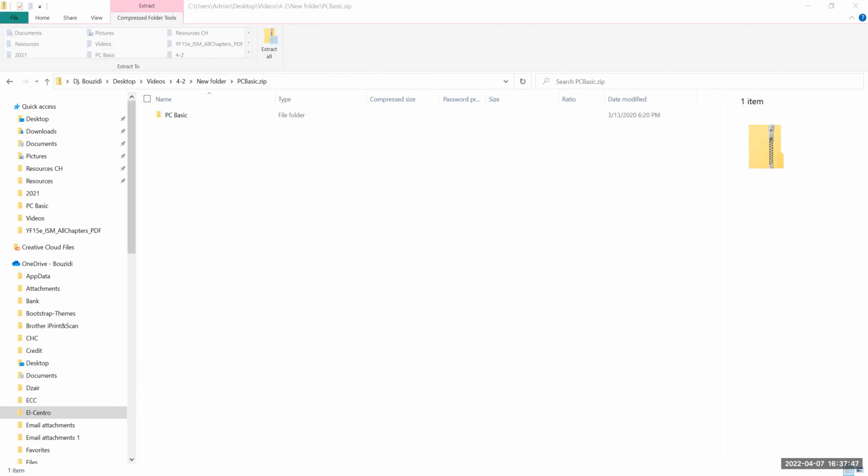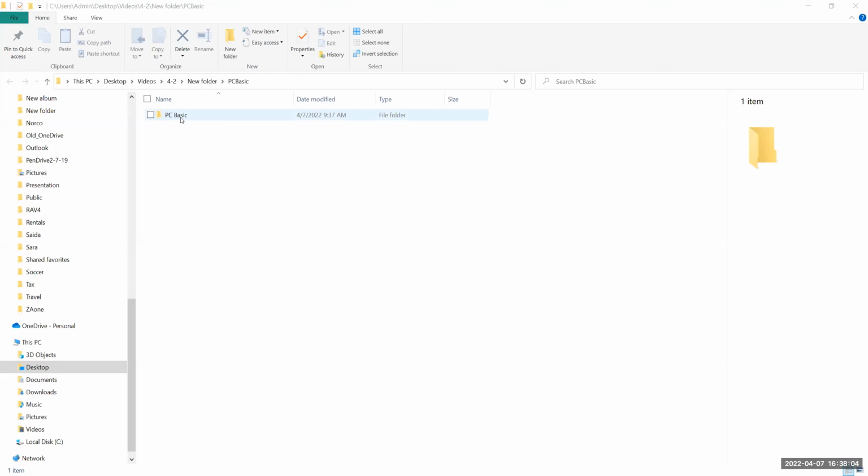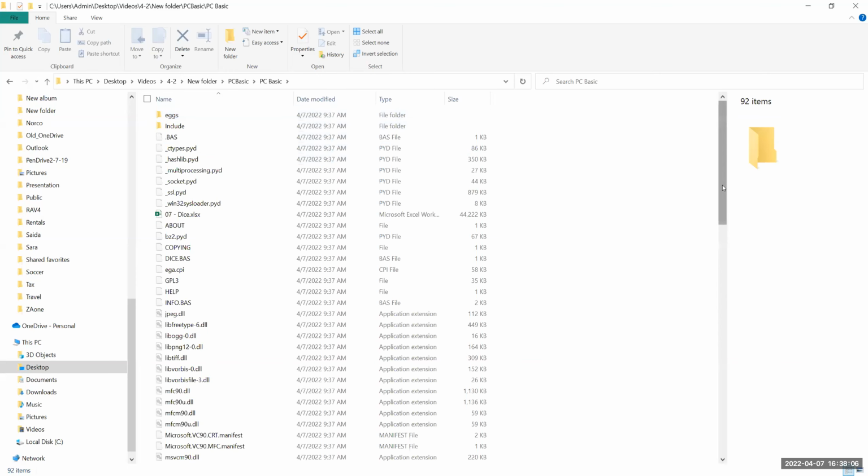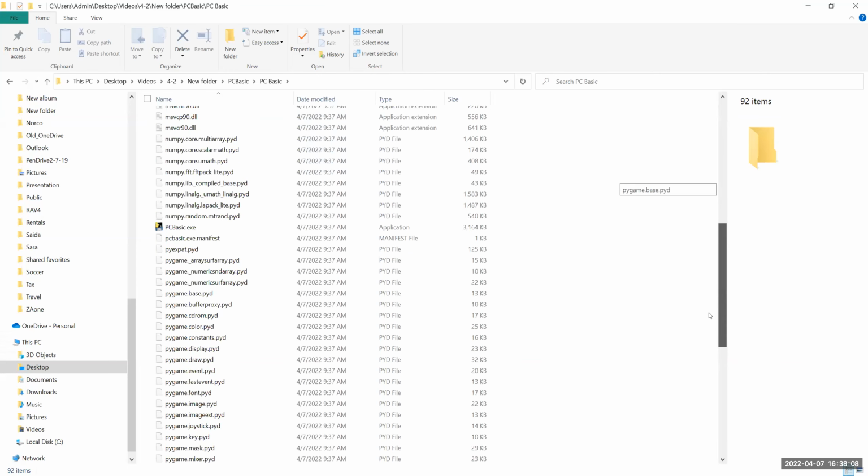I'm going to extract it to the same folder in my case, but you have to be really aware of where you extract your file. Okay, so it's opened. When you extract it, it just extracts to a new folder. So now this is the folder, okay?